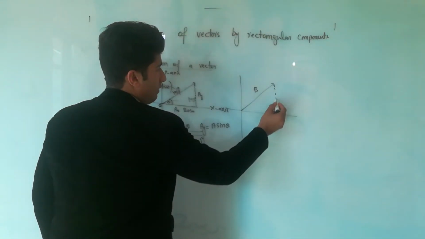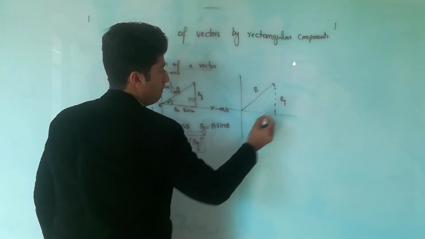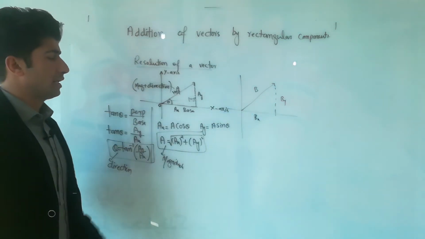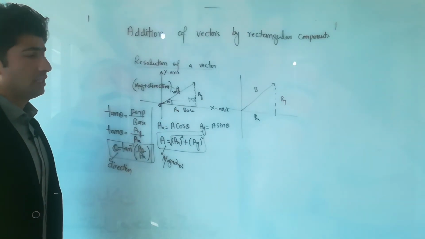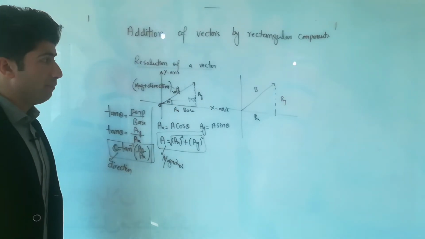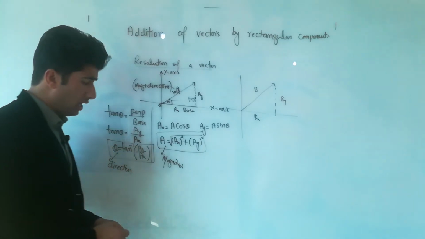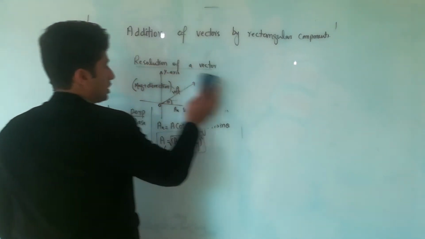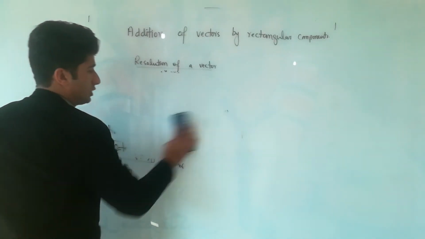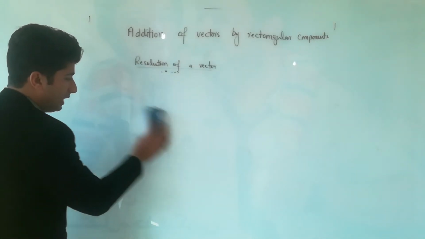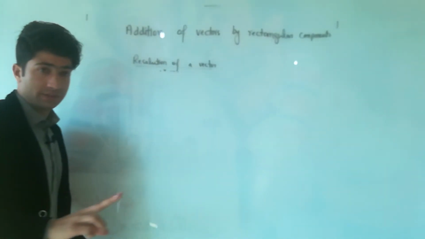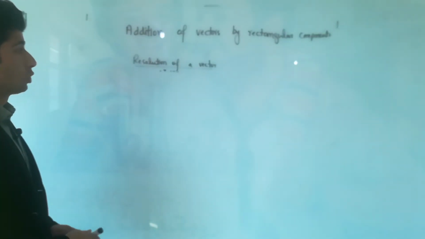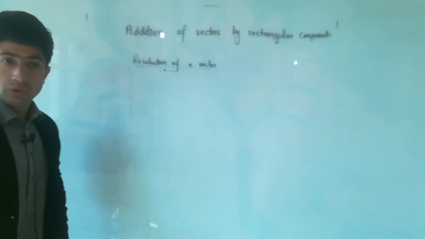So this b will also have by component and bx component. So we will consider another vector b, and before that, इससे पहले हमने ये स्टडी किया था कि जब हम टू वेक्टर्स को ग्राफिकली ऐड करते हैं, जब हम दो वेक्टर्स को ग्राफिकली ऐड करते हैं तो हम हेड टू टेल रूल यूज करते हैं.